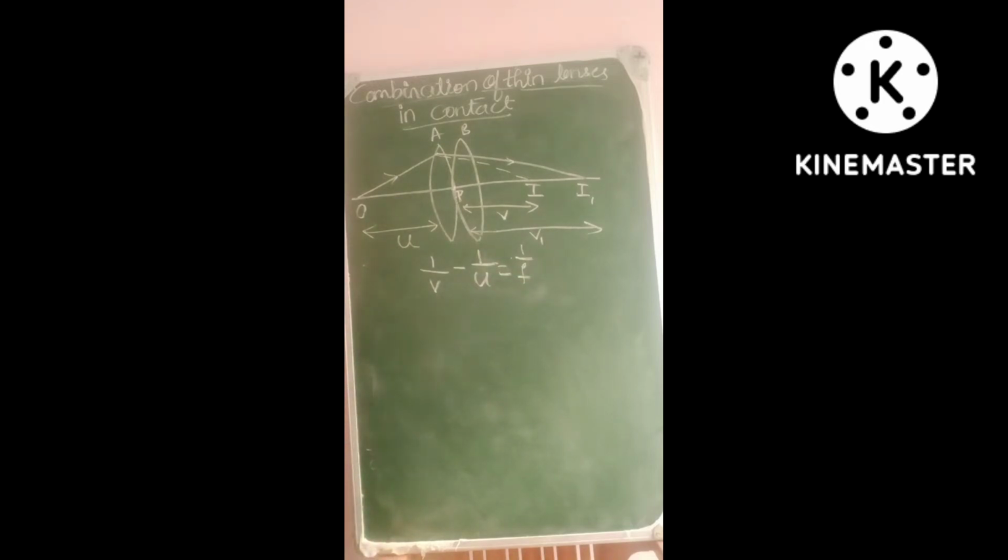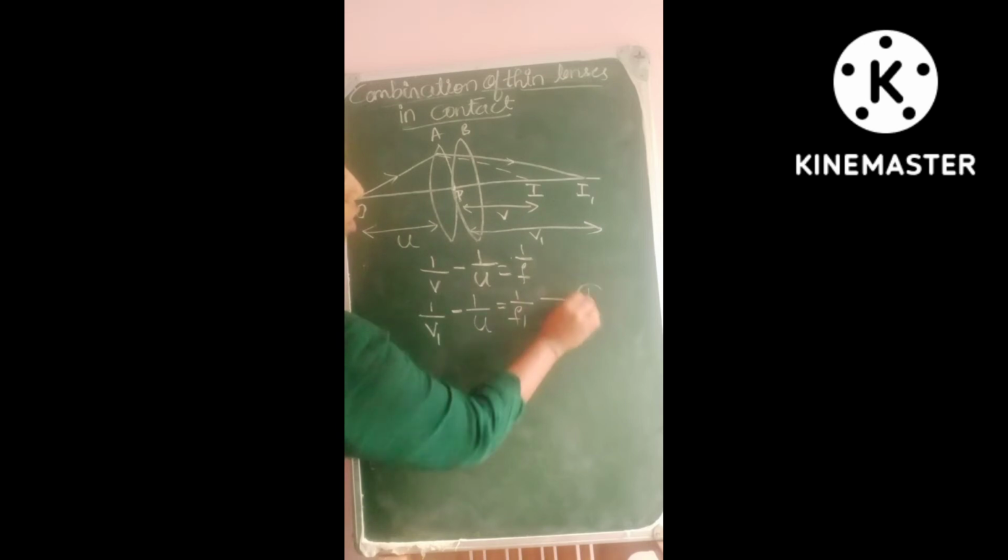For your syllabus you just have to mention this expression. Here the image distance is V1. We can write this as 1 by V1 minus 1 by U is equal to 1 divided by F1, the focal length of the first lens. Take this as equation number 1.